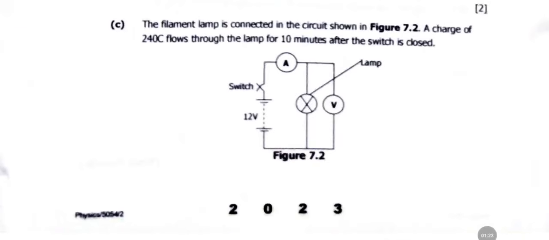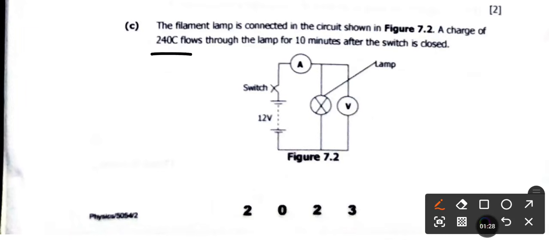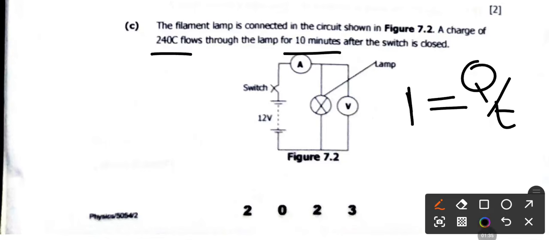Given charge and time, we can use this formula that says current I is equal to Q over T. Q represents the charge. Then the charge is 240.